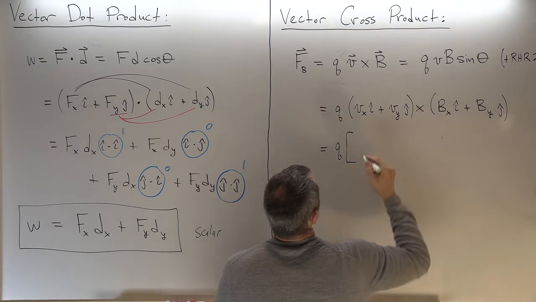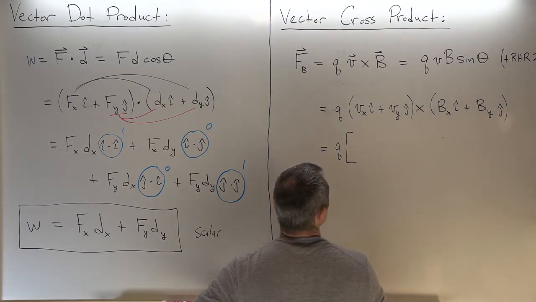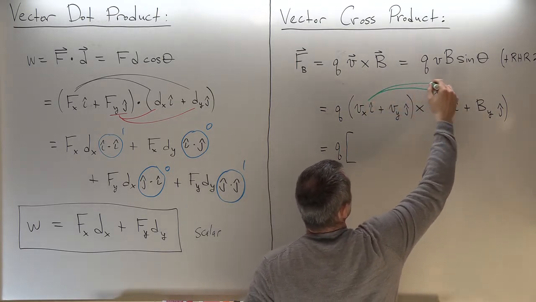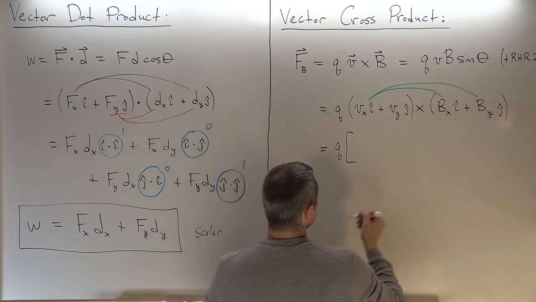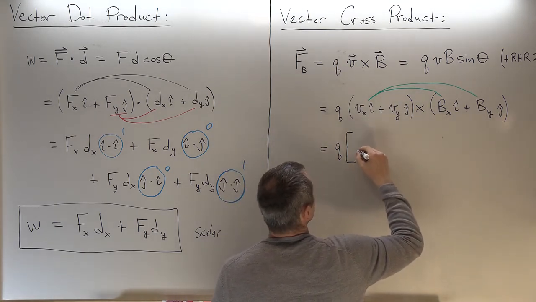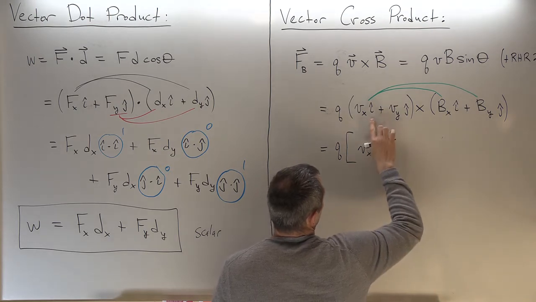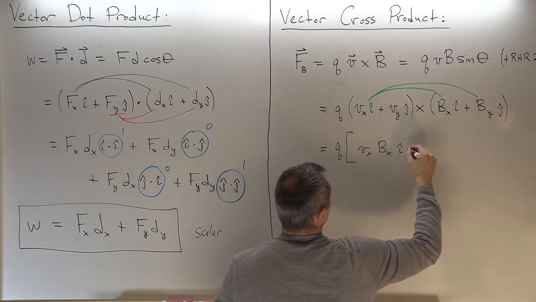So the first thing I'll do is, maybe I'll use green, take this first term and distribute it over to these two terms over here. So in other words, Vx Bx, and then the i hat cross i hat is also part of this term.